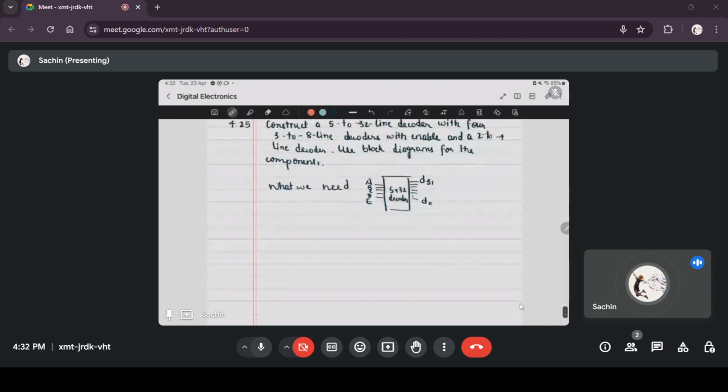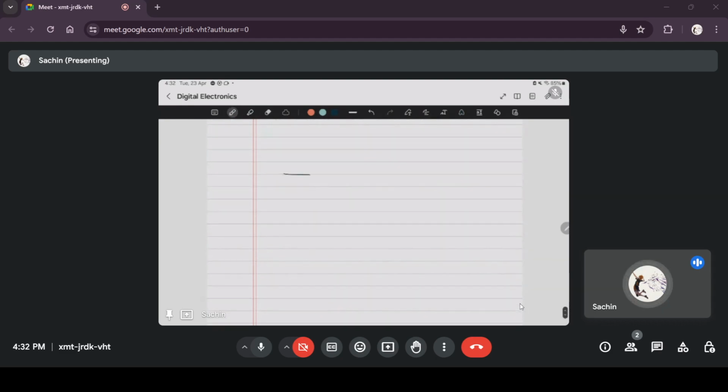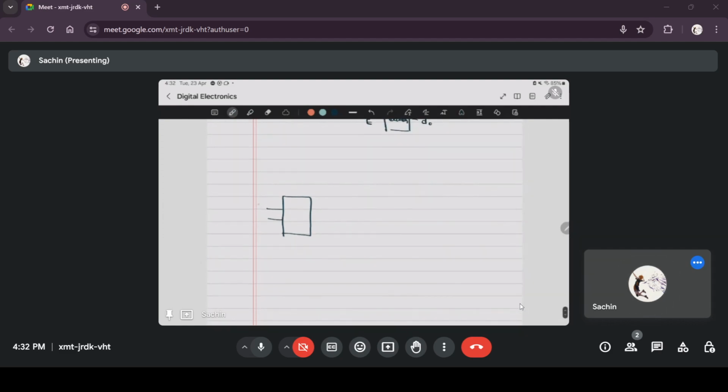So what you do is you give the first two most significant bits, which are A and B, to a 2 to 4 decoder.